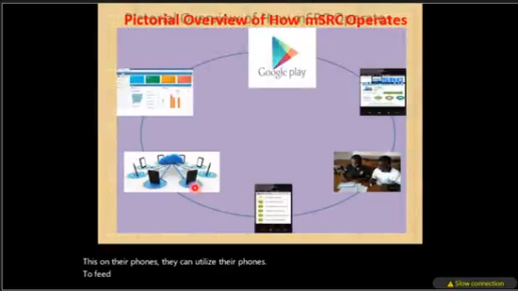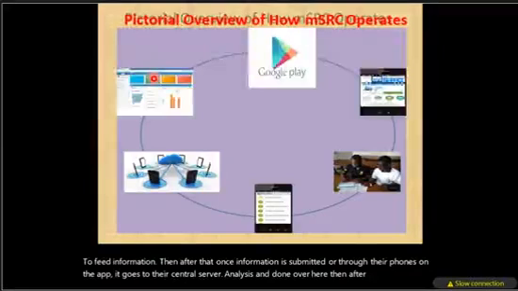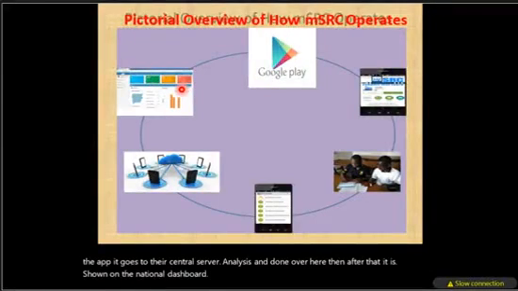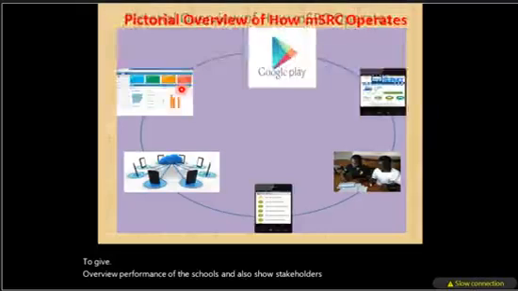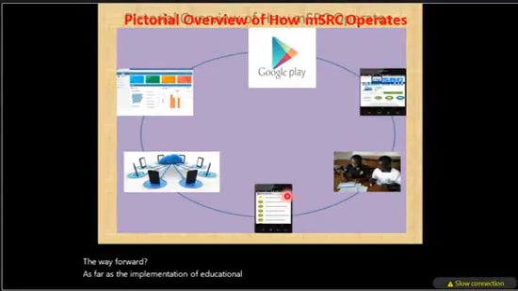Once information is submitted through their phones on the app, it goes to the central server. Analysis is done over here. Then after that, it is shown on the national dashboard to give an overview of the performance of the schools and also show stakeholders the challenges and the way forward as far as the implementation of educational policies in our education system.